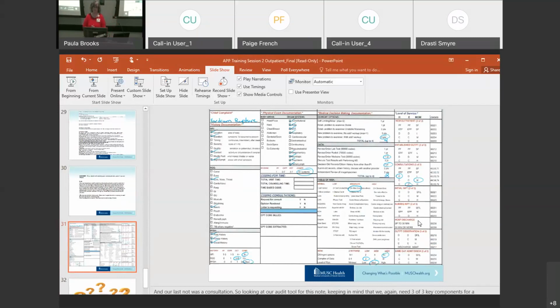So what's our code going to be for our consult here? It's a 99243. Again, the only reason this is a 99243 is because of that review of system statement.